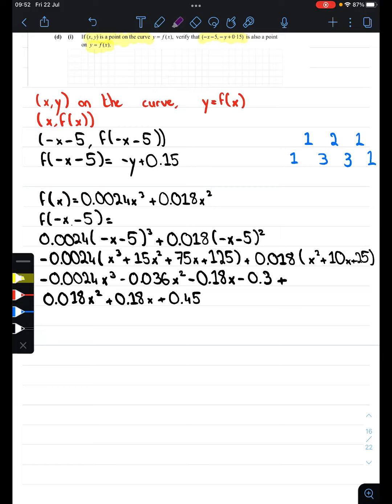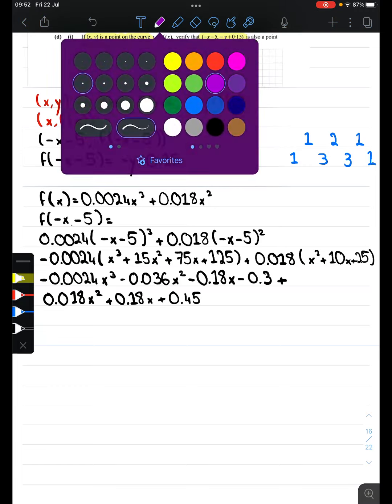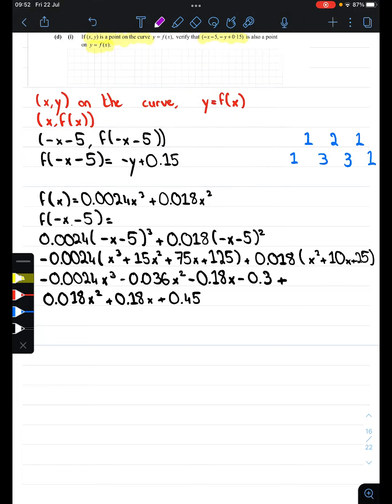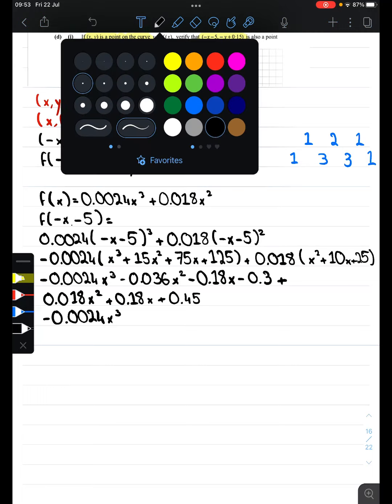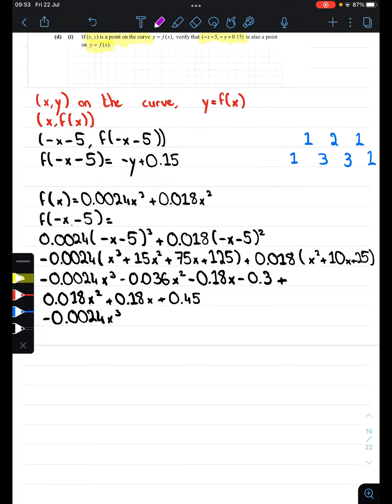Okay, well, we'll notice that we just have a single x cubed term, that's minus 0.0024 x cubed. And now our two x squared terms are this and this.